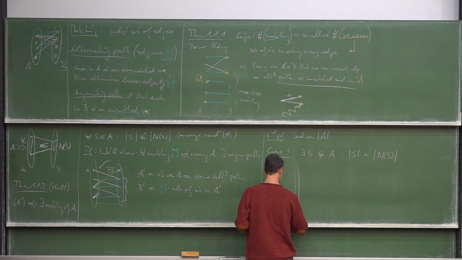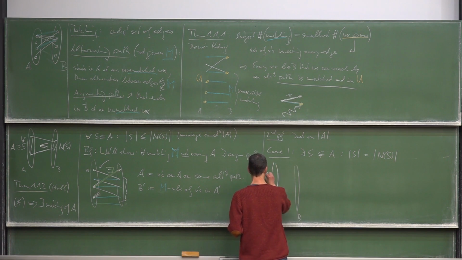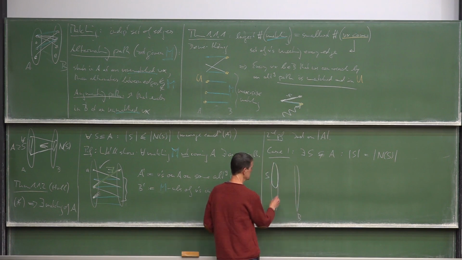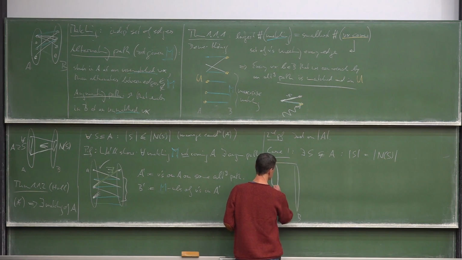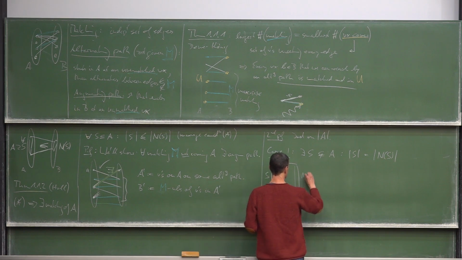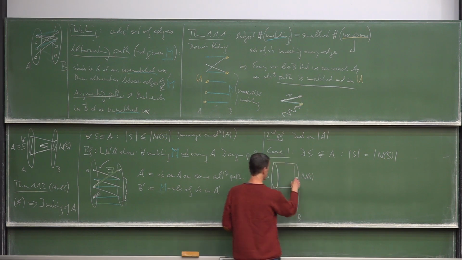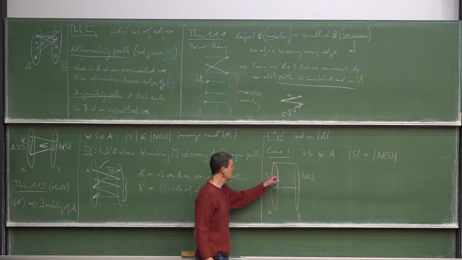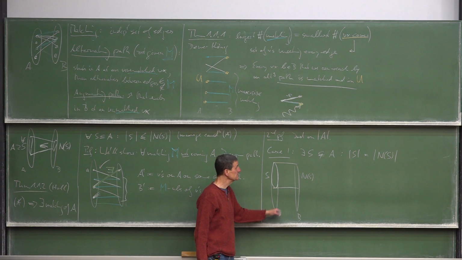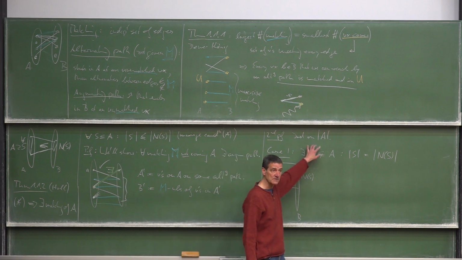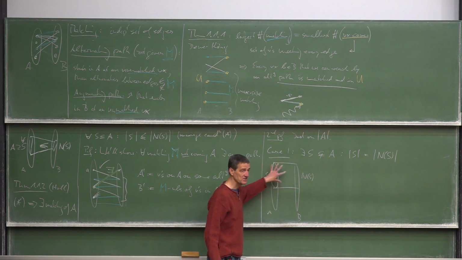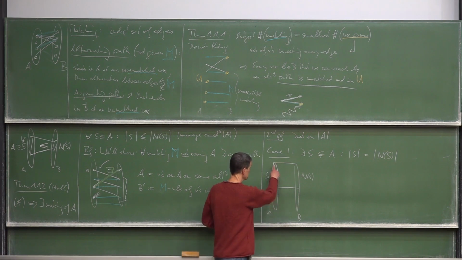So we have A and B. Suppose there's this S. Then the neighbors are only as many vertices of B as S has vertices in A. S is smaller than A, so by induction I can assume that there's a matching here of the entire set S. Why?